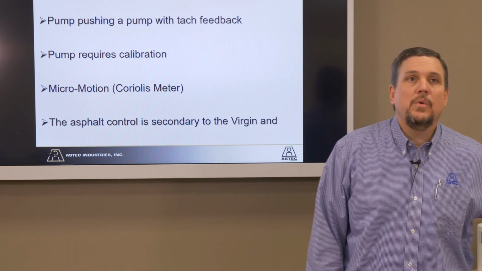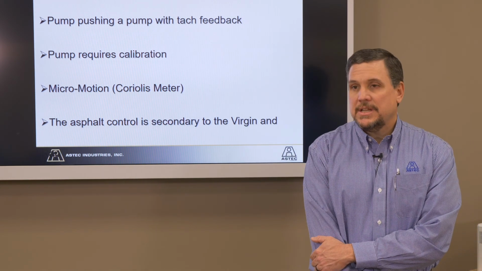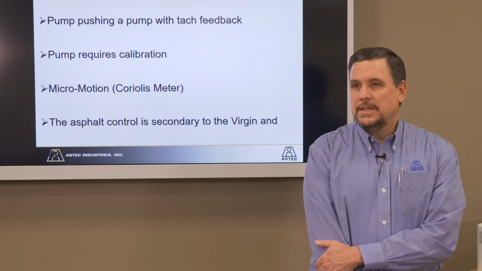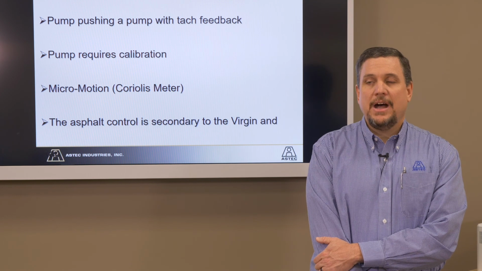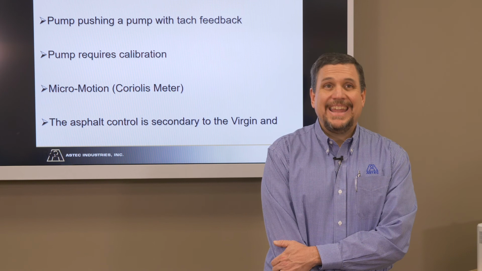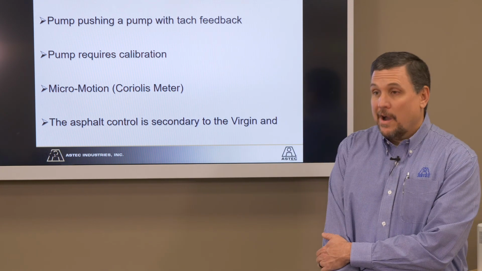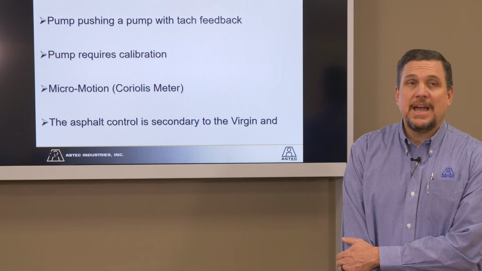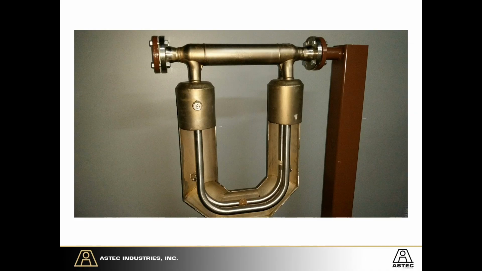And we're going to show you a cutaway of them here. There are some states, California is the only state I can think of right now, and I think Illinois in some of their areas also, that require by the state the use of a Micro Motion. Any type of liquid, including water if you're using warm mix, or if you're using additives, has to be done with that style meter. They are very accurate.